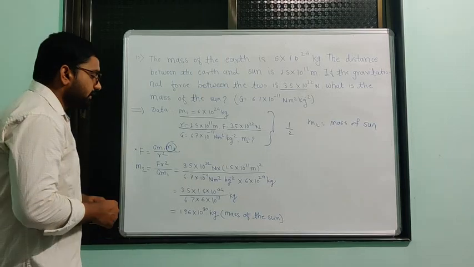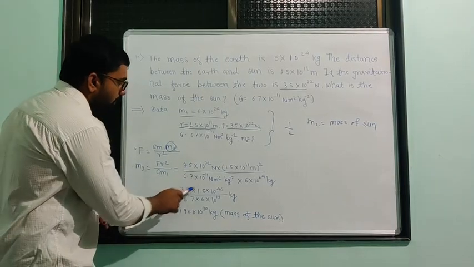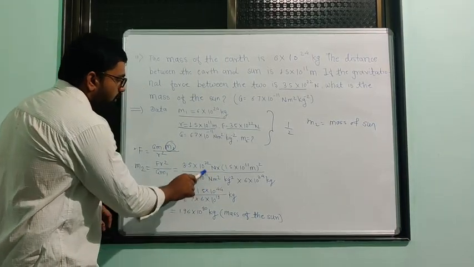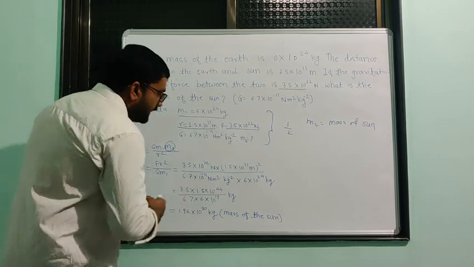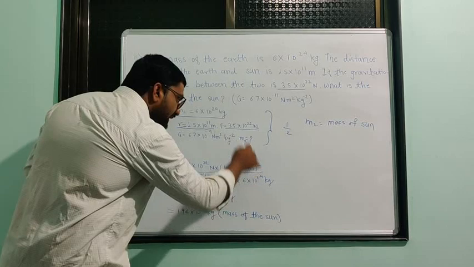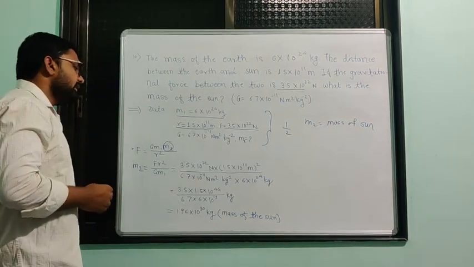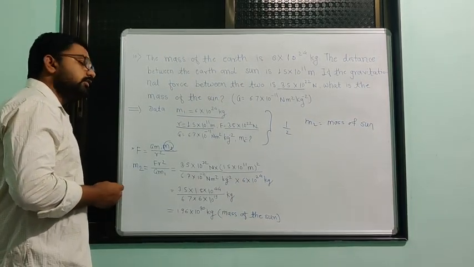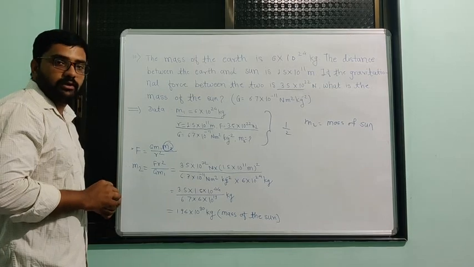After that we get 3.5 into 1.5, and 10^22 here, and 10^11 and its square, so it will be 10^22.